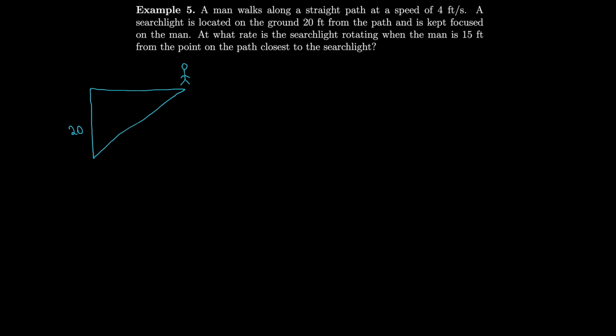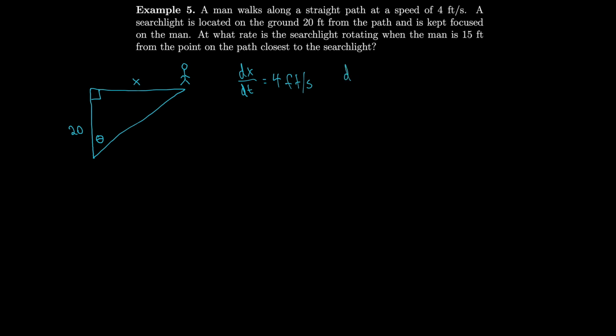So we're looking for the rate of change of this angle. Let's call that theta. We can let the distance over here be x, so we get a right triangle. We're told the man's speed is 4 feet per second, so dx/dt is equal to 4 feet per second.